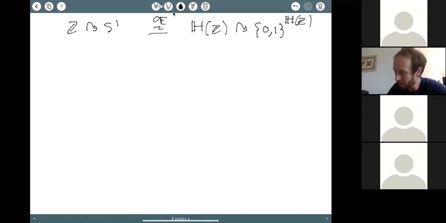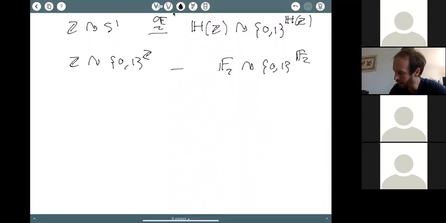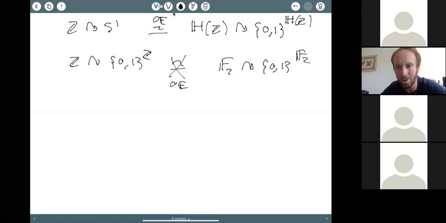But of course, if you take Z acting on the Bernoulli, or any action of Z, and you take the free group, then they are not OE. The reason is a theorem which is well known too: amenability is recognized by orbit equivalence. So if you have a group which is amenable and another one which is not amenable, they are never going to be OE.